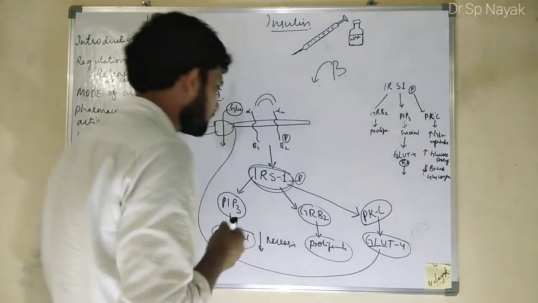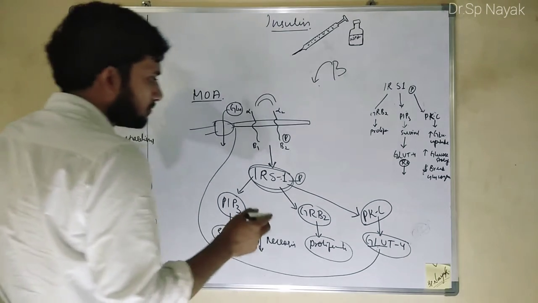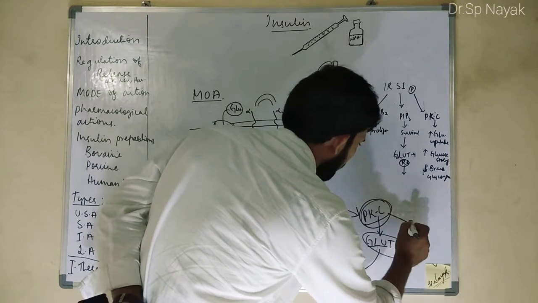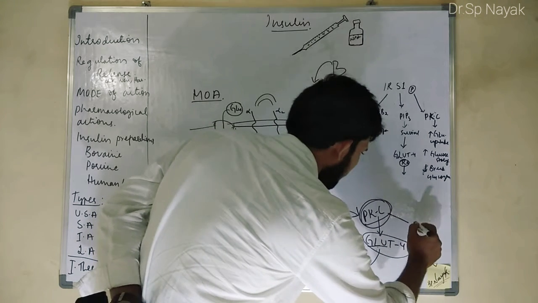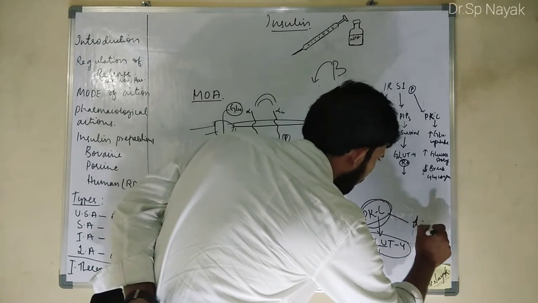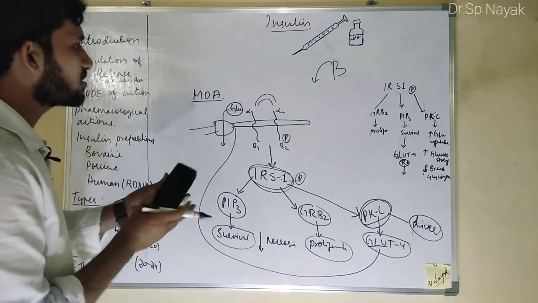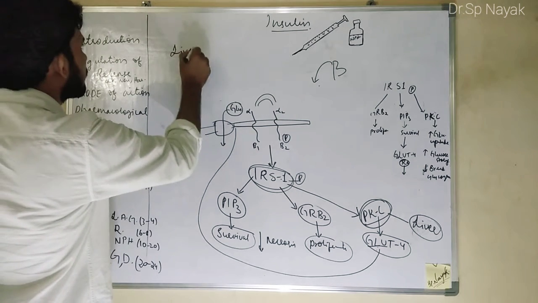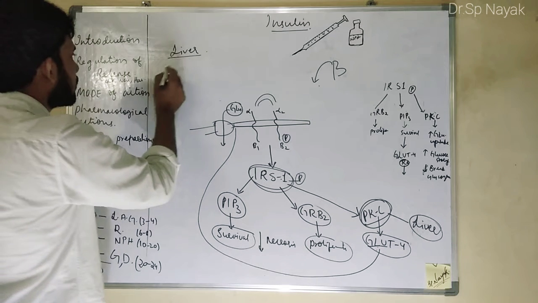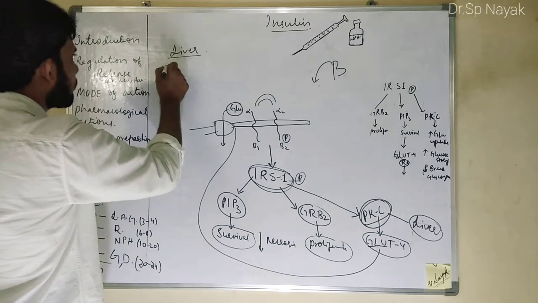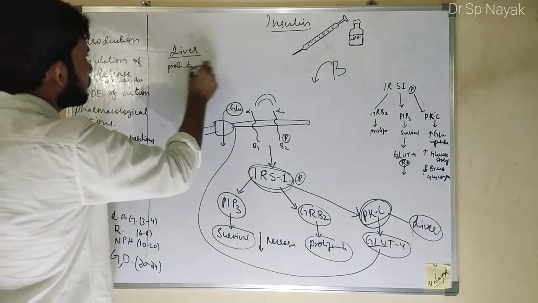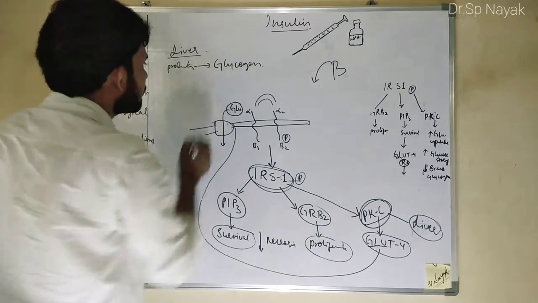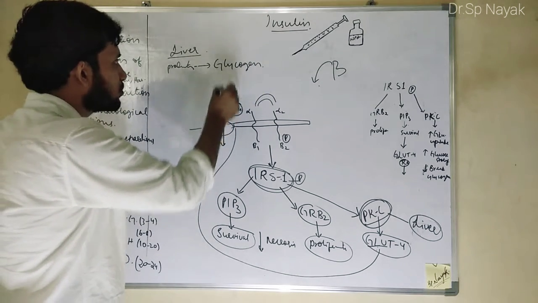And the other thing it helps is, insulin and protein kinase C also cause many actions on the liver. So we'll see in detail the actions on the liver. In the liver, insulin helps to increase the production of glycogen. That means the conversion of glucose into glycogen.